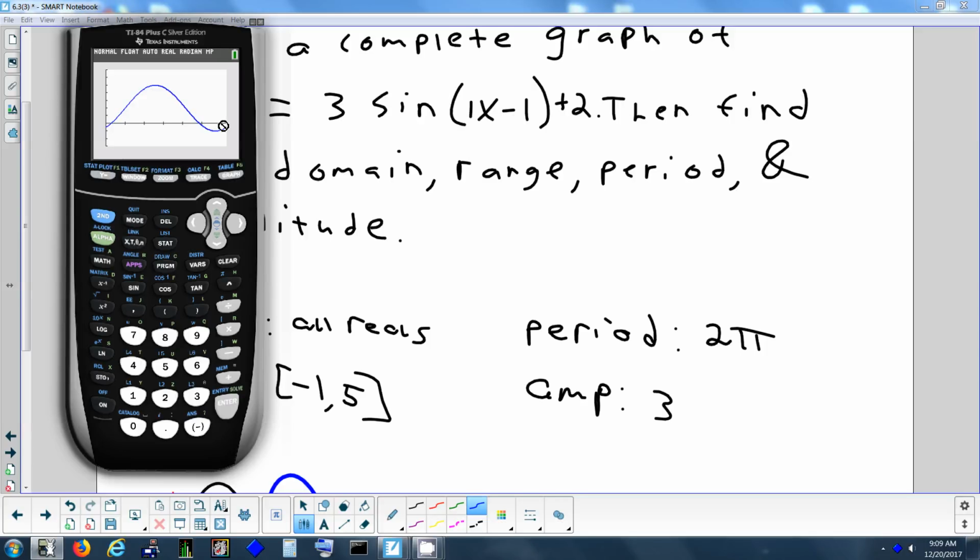Let's see, if we shifted it to the left 1 unit from where we are now, minus 1 and minus 1. Now it should look, maybe I shifted it too much.